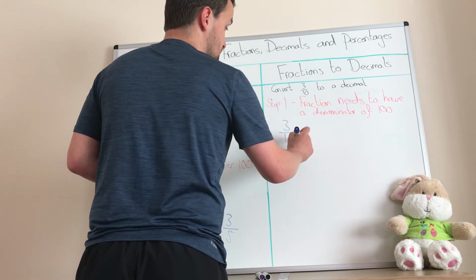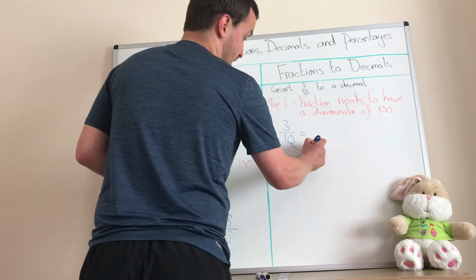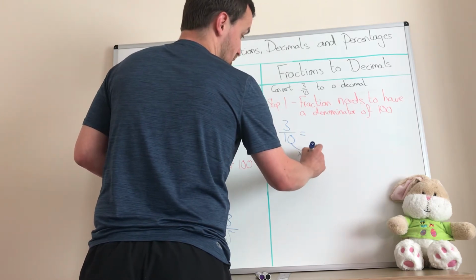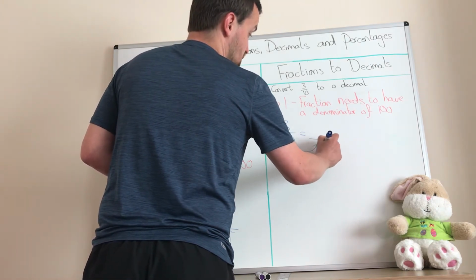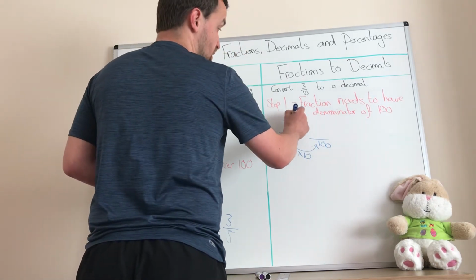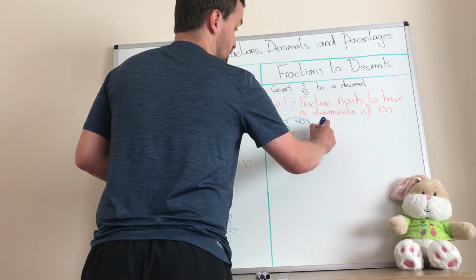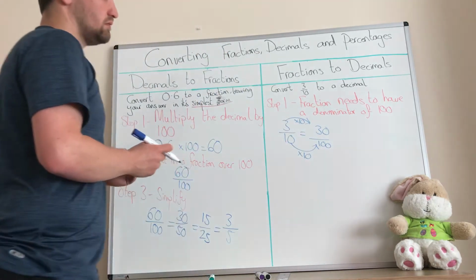Okay, so 3/10. Okay, I'm going to times 10 by 10 to get this fraction over 100. Whatever we do to the denominator, we must do to the numerator, so we're going to times 3 by 10 as well. And we get 30 over 100.